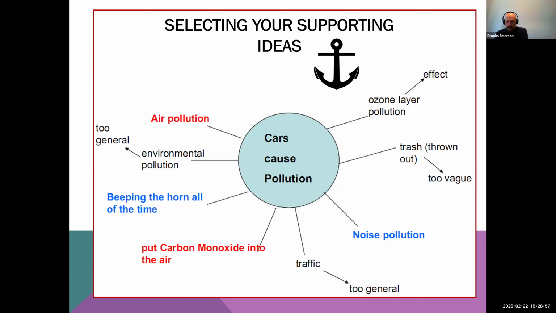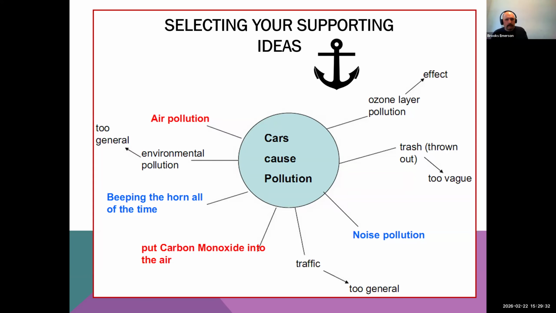When you are trying to put together your paragraph, it's a really good idea to do this kind of mind mapping. Okay, cars cause pollution. Great. How do they cause pollution? You can just brainstorm. There can be air pollution or environmental pollution, or beeping the horns, or carbon monoxide, or the ozone layer is affected, or they throw trash out, or noise pollution.